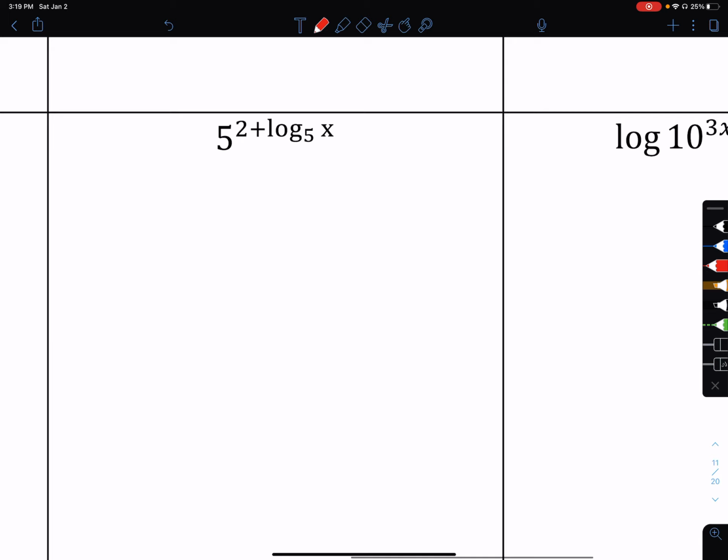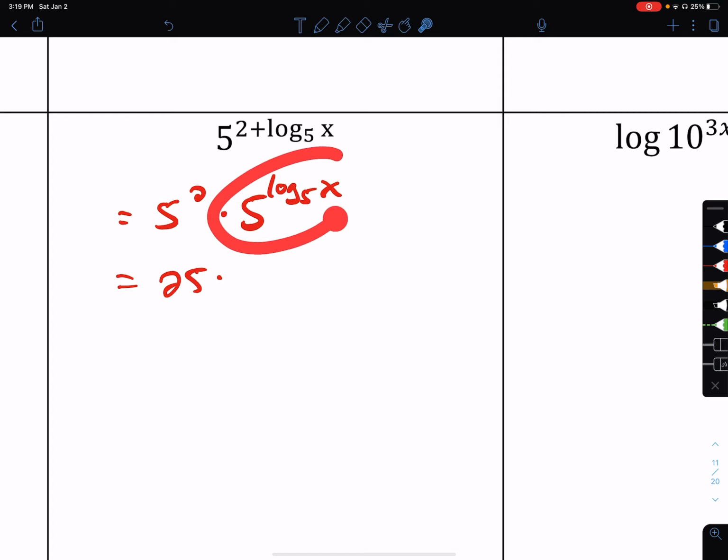This next one let's do in a very similar way because the exponent has addition. This is the same as 5 squared times 5 to the log base 5 of x. 5 squared is 25. Using the same log idea we've used many times today, this just becomes x. Our base is 5 and our exponent is a logarithm with also a base of 5, so it becomes the argument, which is just 25x.